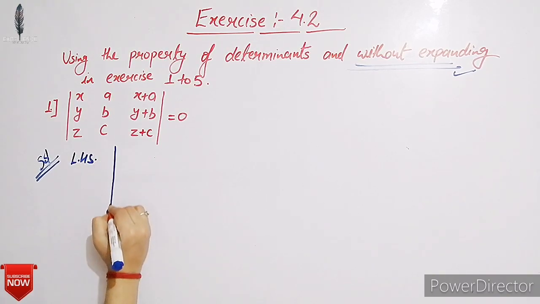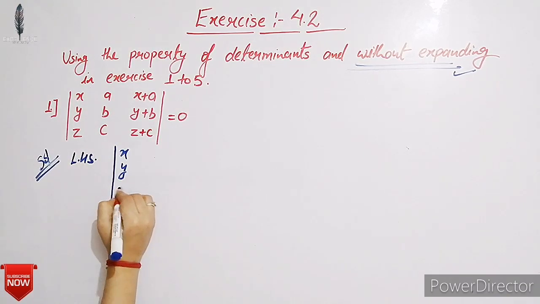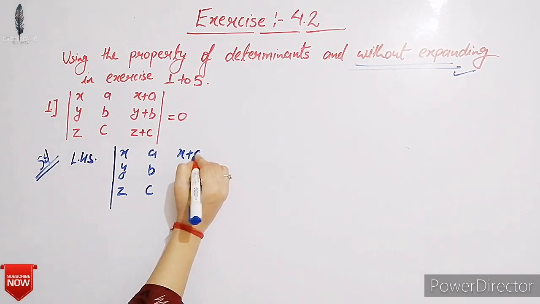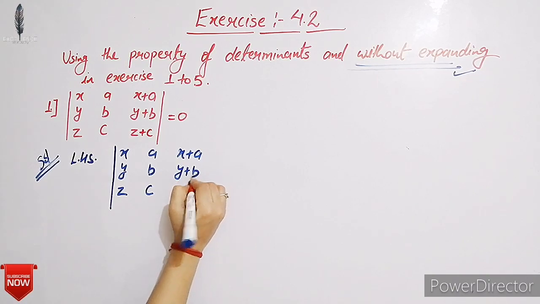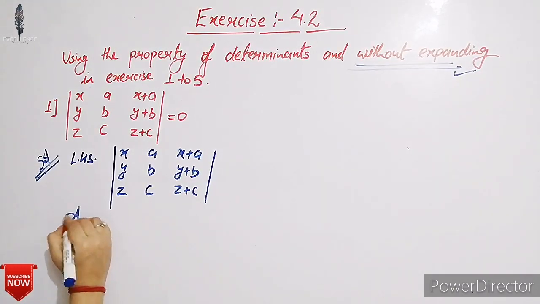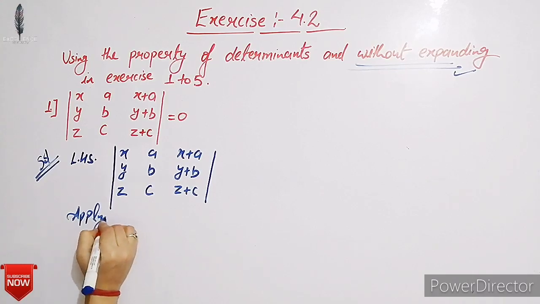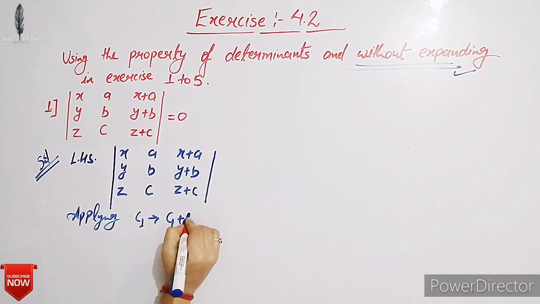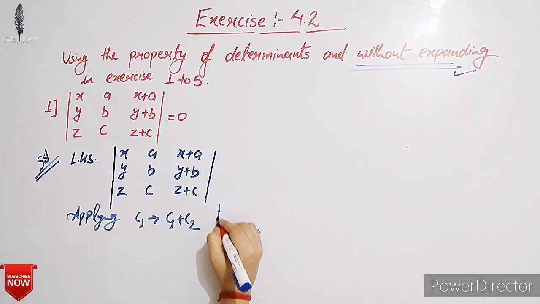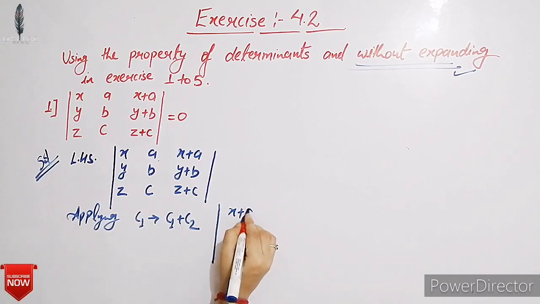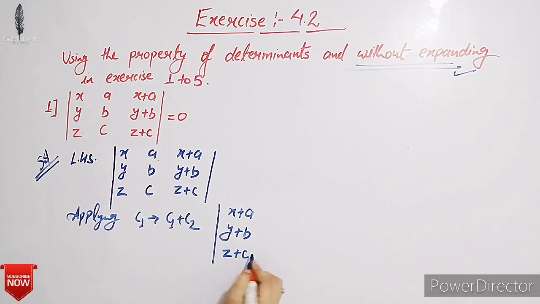LHS is equal to the given determinant x, y, z, a, b, c, x plus a, y plus b, z plus c. Now here, applying the change C1 becomes C1 plus C2, we have x plus a, y plus b, and z plus c.